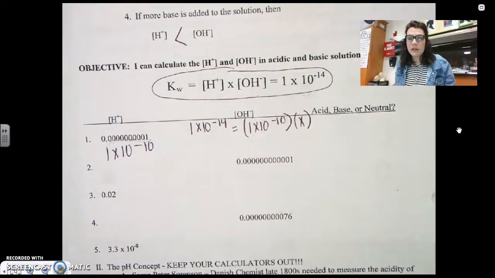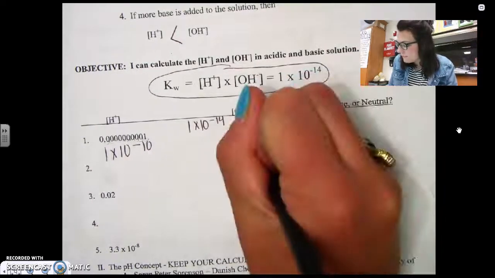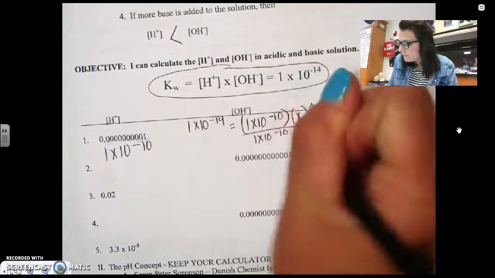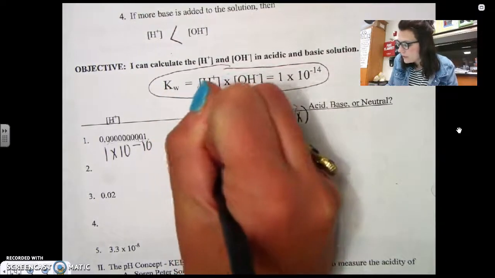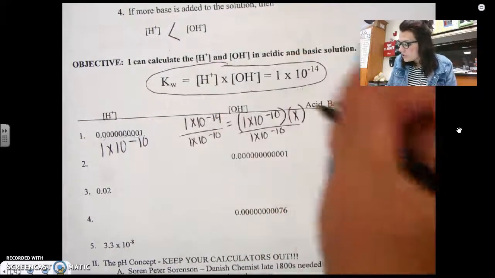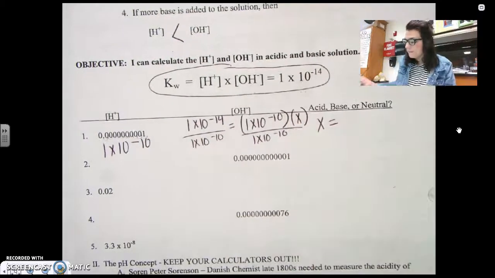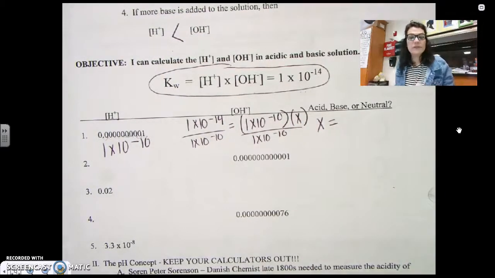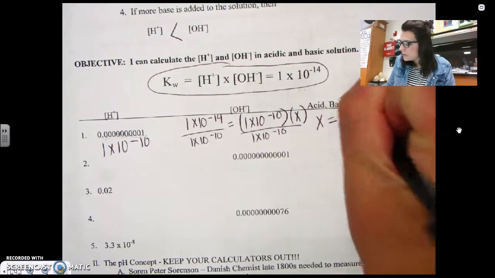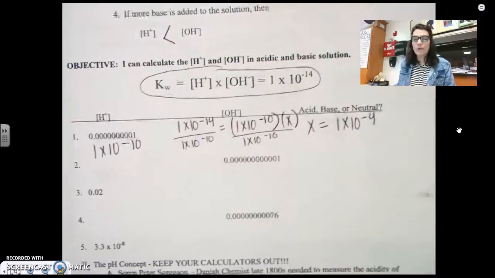Okay, so to get x by itself, I divide both sides by 1 times 10 to the negative 10th. So x turns out to be, and when you divide exponents, you subtract them, so it's negative 14 minus 10, which means negative 14 plus 10. So my x concentration is 1 times 10 to the negative 4th.